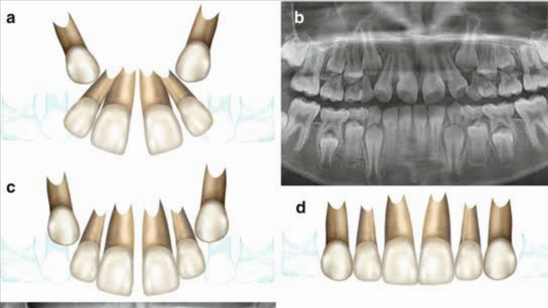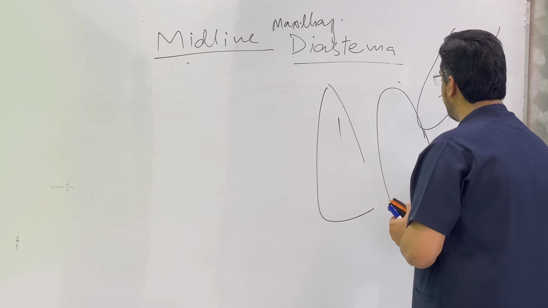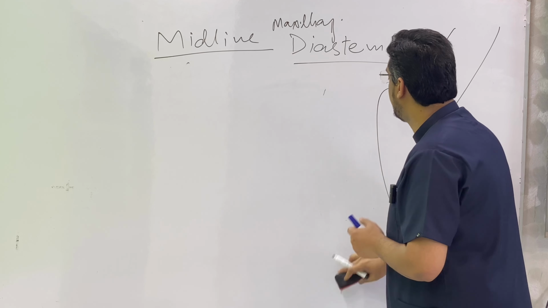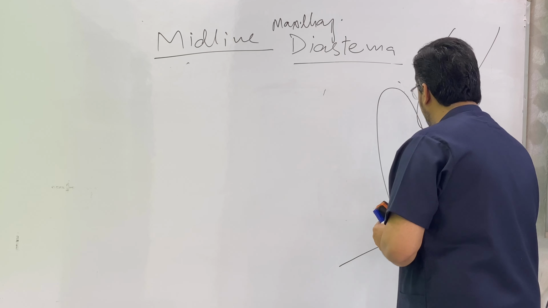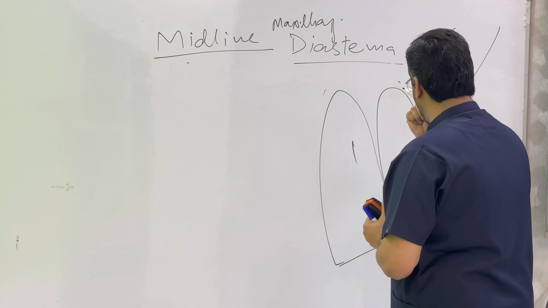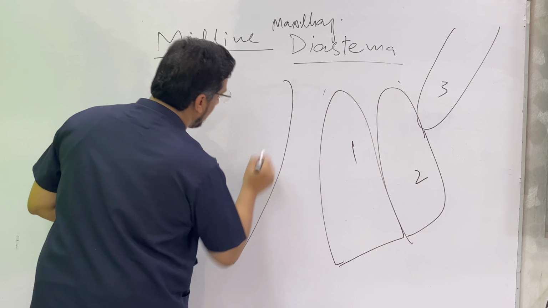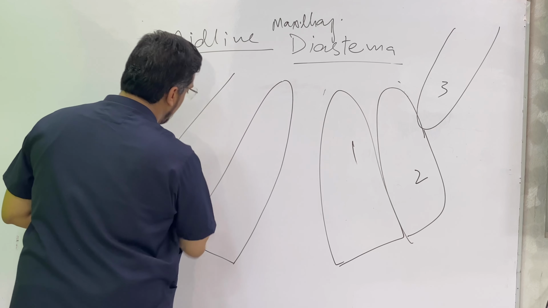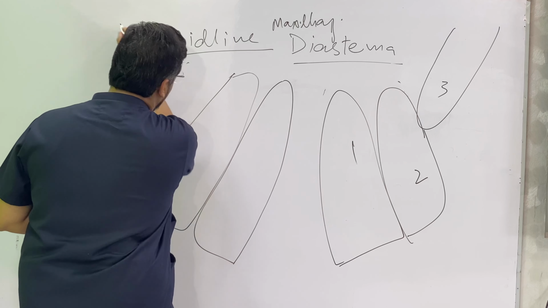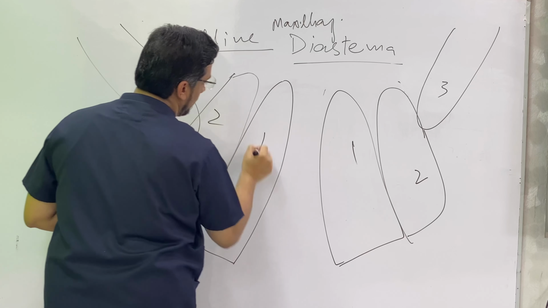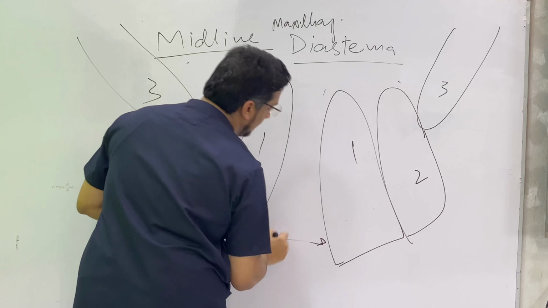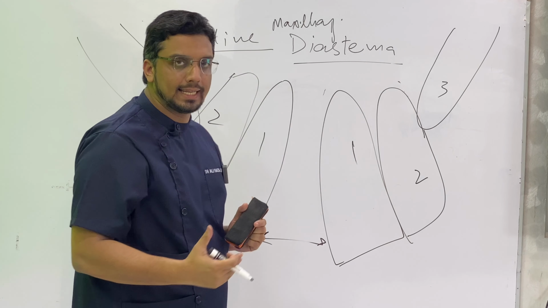So when the 3 is erupting medially, it pushes on the root of the lateral incisors, and this in turn puts pressure on the root of the central incisors, and as a result you develop a gap between the central incisors.